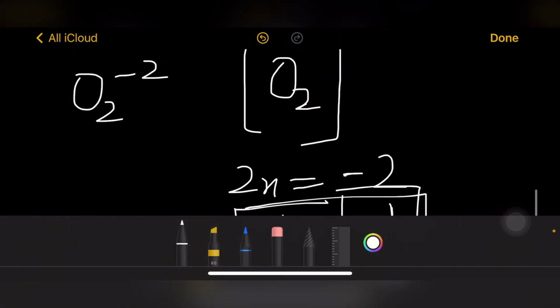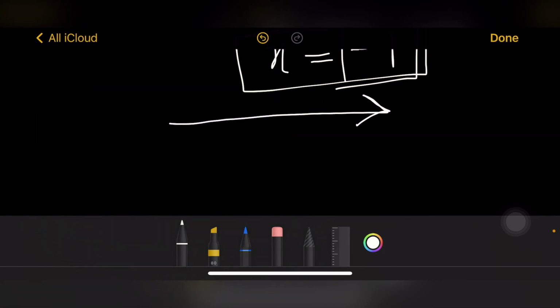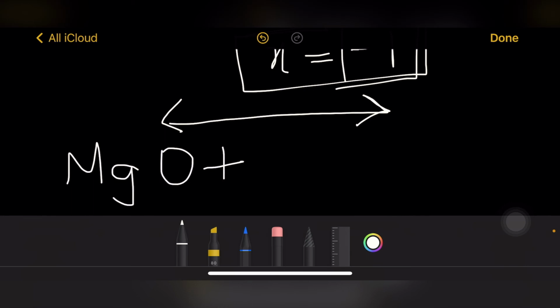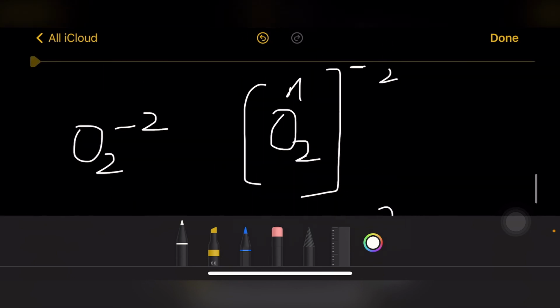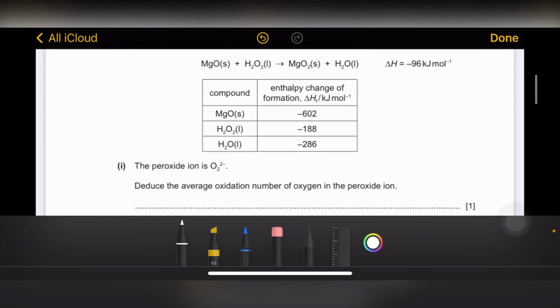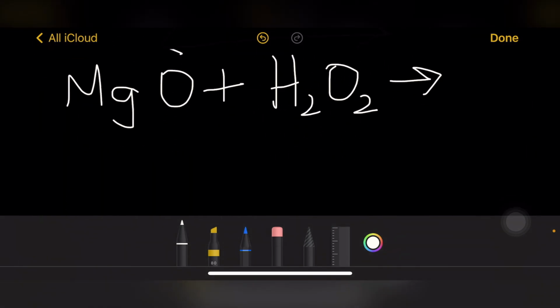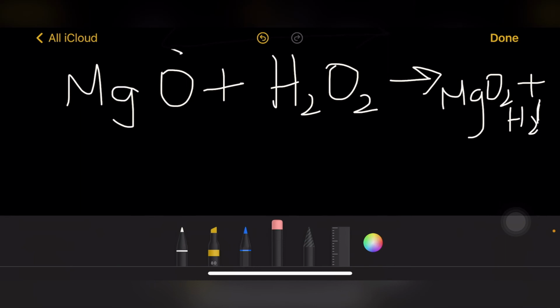MgO plus H2O2 gives MgO2 plus H2O. I'm sorry, I don't have enough space.